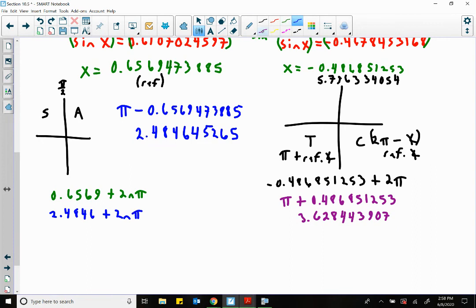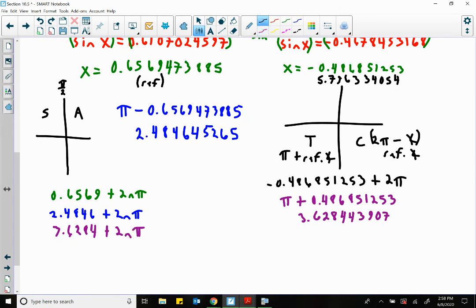Quadrant 3, we figured out right here in purple. So that'll be 3.6284 plus 2n pi.